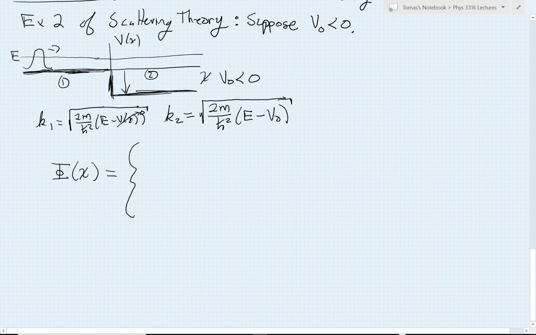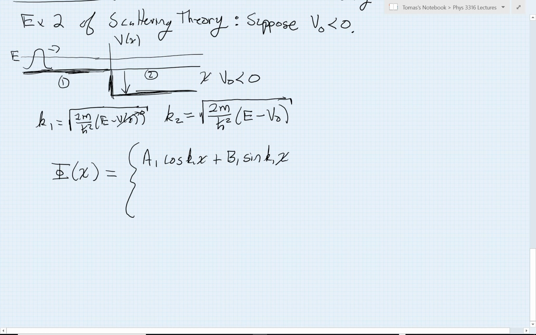In the first region, we will again do this, A1 cosine K1x plus B1 sine K1x. That proved to be very convenient, actually, for solving for the coefficients A1 and B1, and for solving for the boundary conditions at x equals 0, just like we had before.